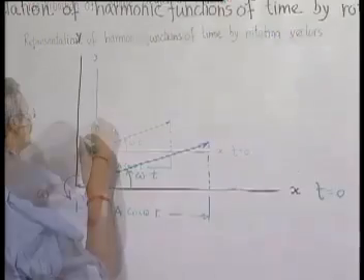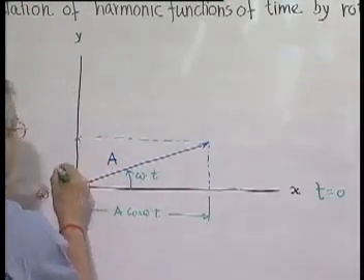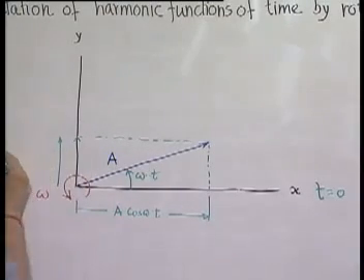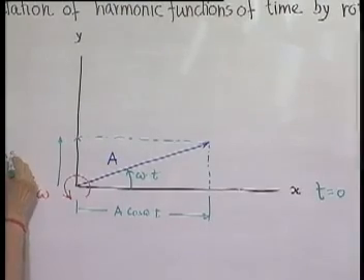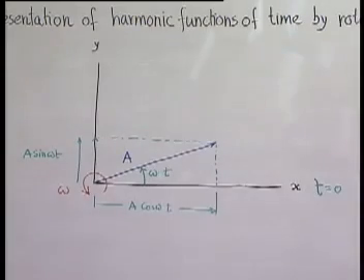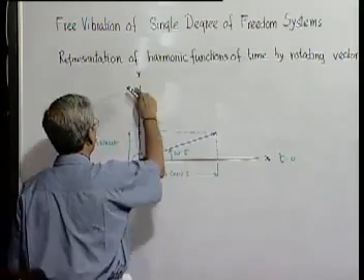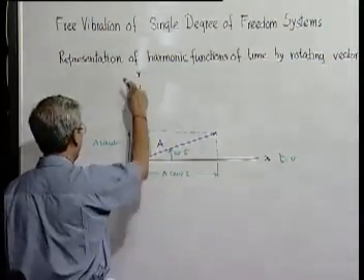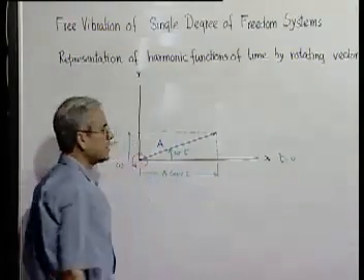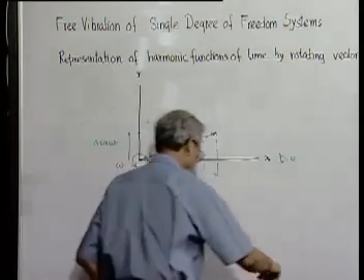And the y component at this instant is A sine omega t. Now, as it keeps on rotating, you will find this y component will vary as a sine function of time, and the x component will vary as a cosine function of time. So, the same thing you can do in a more general way.